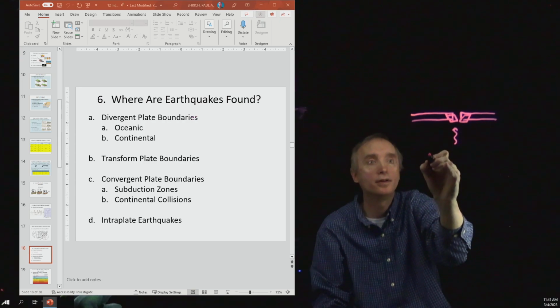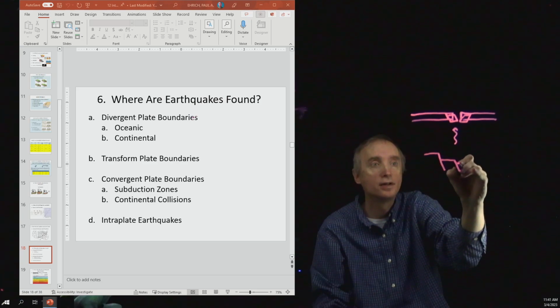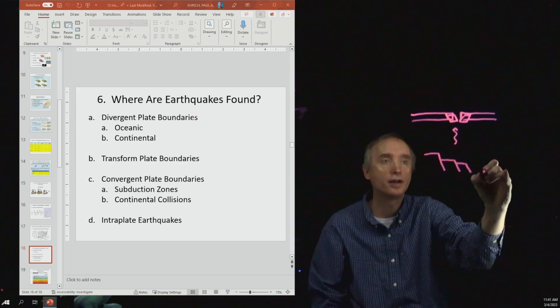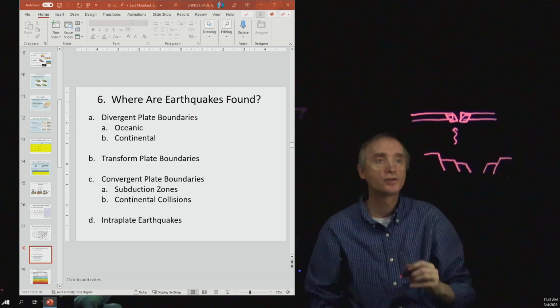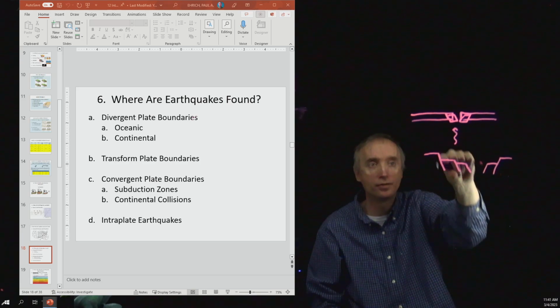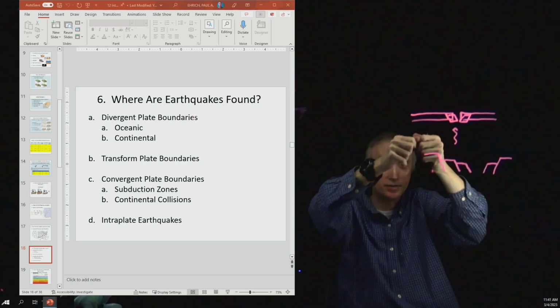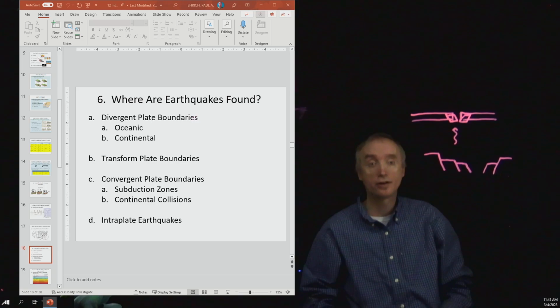So what you're going to end up with is a series of faults that look kind of like this. And then over here on the other side, you're going to have something very similar to it. So as these blocks of lithosphere are sliding down due to tension, as these plates are being pulled apart, that's going to generate earthquakes. You can also have the same thing on continents.